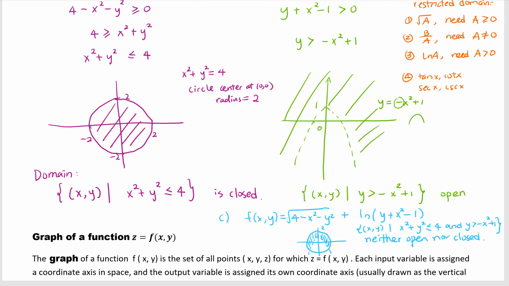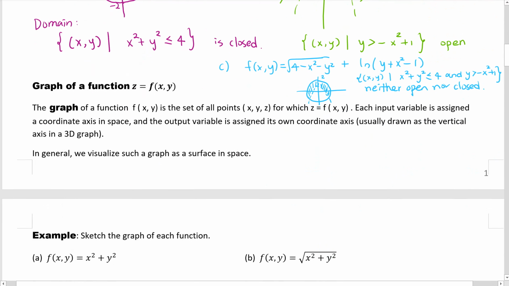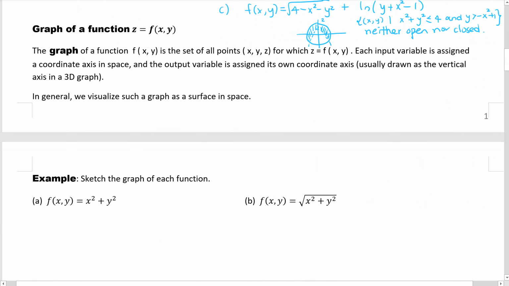Okay, very good. Let's continue. Graph of a function z equals f of x, y. The graph of a function f of x, y is the set of all points x, y, z for which z equals a function of x, y. Each input variable is assigned a coordinate axis in space.